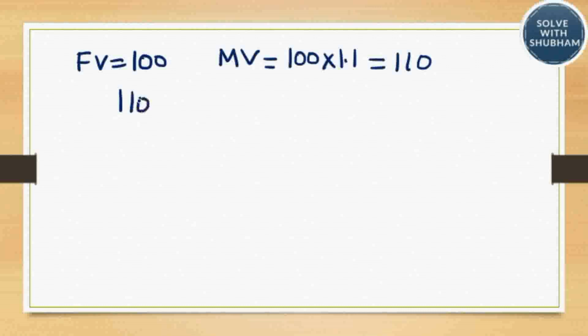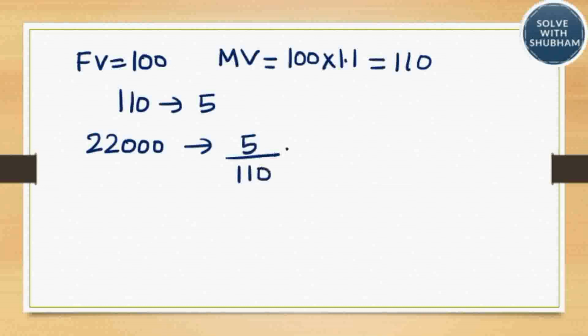Now when you invest 110, your dividend is 5%. So you get income as 5 rupees. So you are total investing 22,000. So your income would be this.